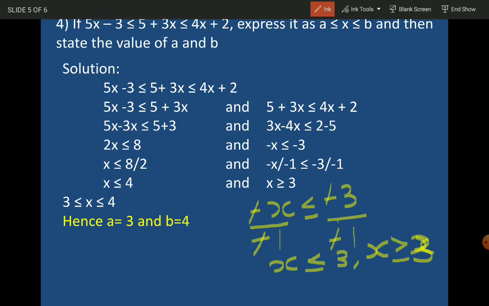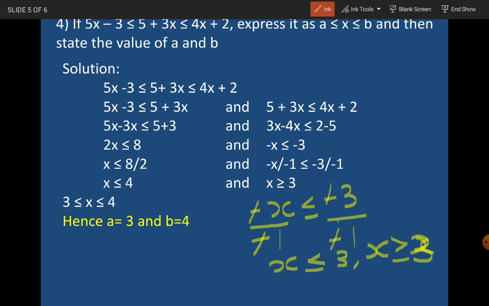So we have two sections. We split into two and we find the answer. One value for x on one side is x less than or equal to 4. On the other side, x greater than or equal to 3. So in this form we write it as 3 less than or equal to x, that means the lesser value first, less than or equal to 4.